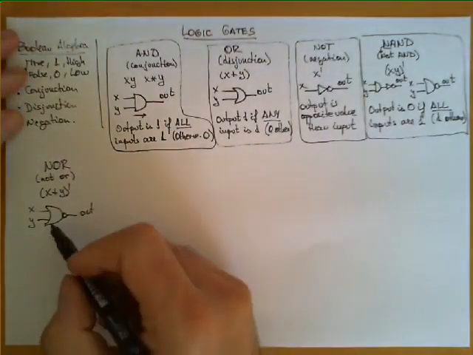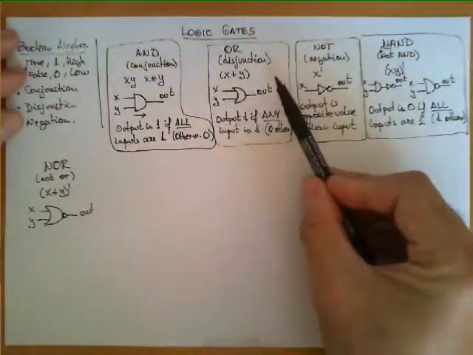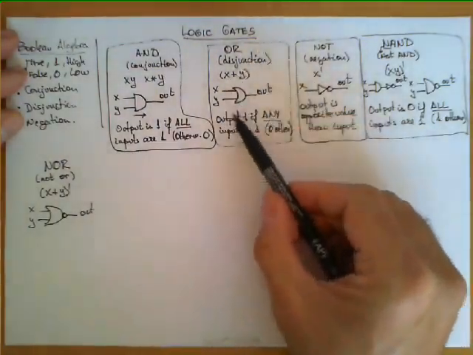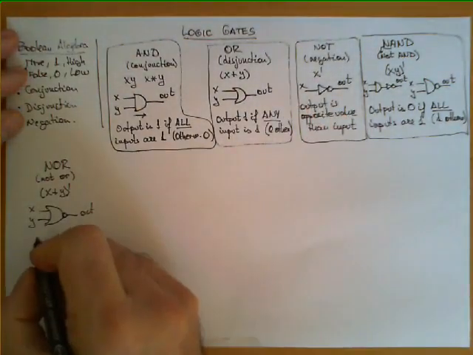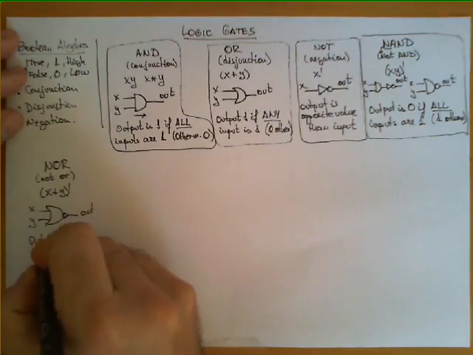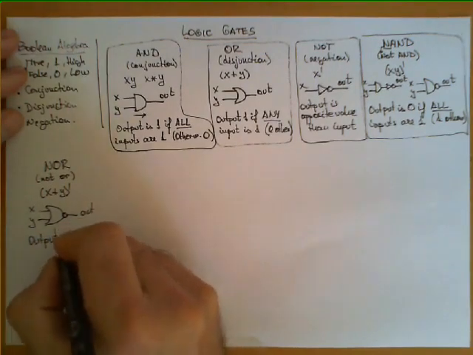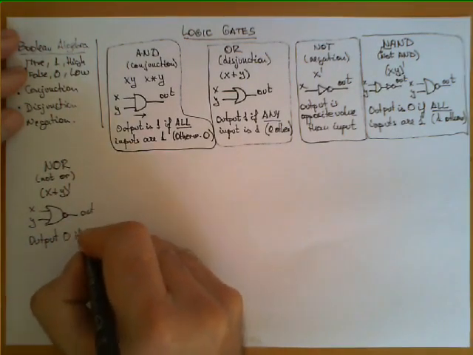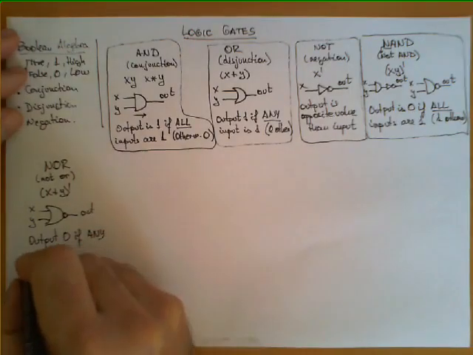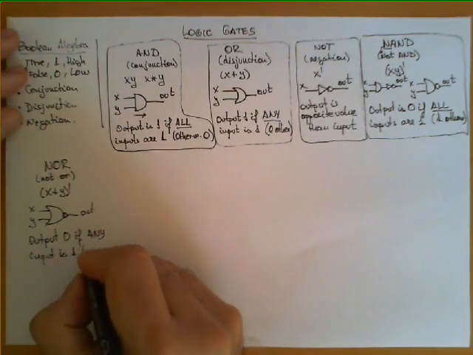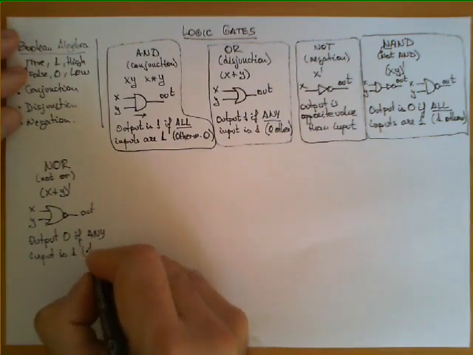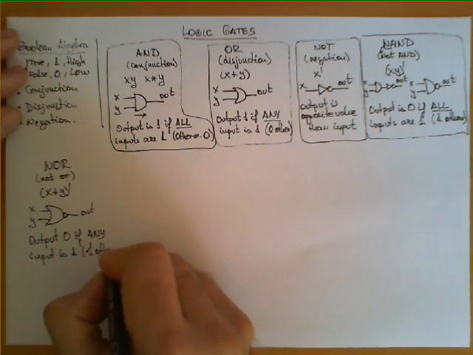And the rule for this gate can also be very easily deduced from the behavior of the OR and the NOT, namely the output is 0 if any input is 1, and 1 otherwise.